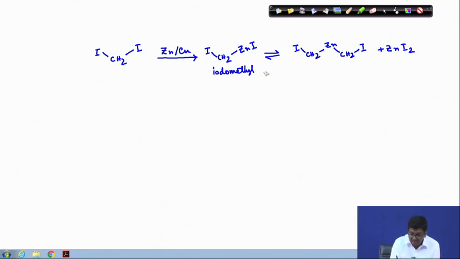This is the iodomethyl zinc iodide, and this is bis(iodomethyl) zinc. Now this zinc complex will act as the active reagent.